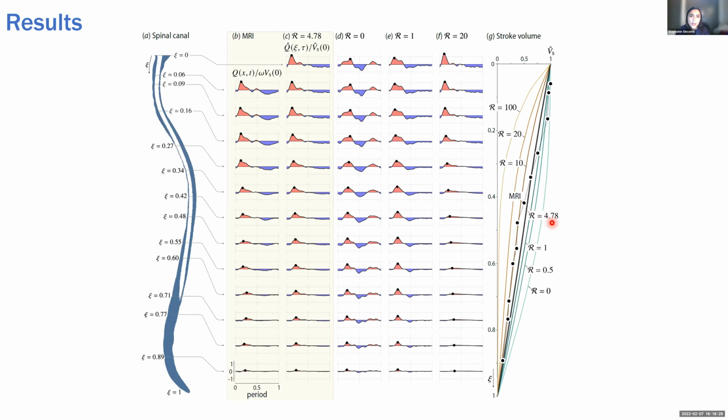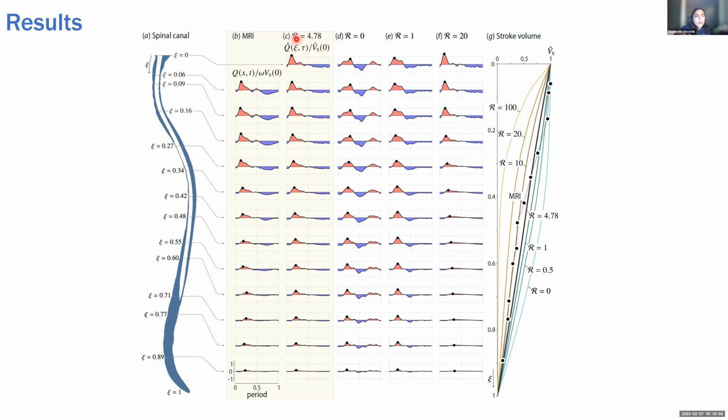Okay, so this plot I know is a little busy. We added to it. Didn't think it was necessary, but if you focus on the left-hand side, here are our MRI measurements and the corresponding locations along the canal. And then you have here our model, where we're substituting in a value for R of 4.78.